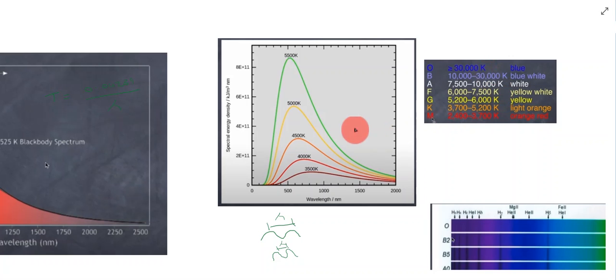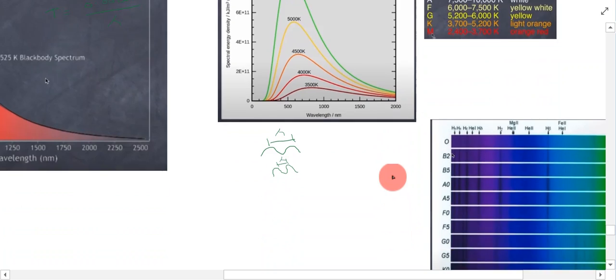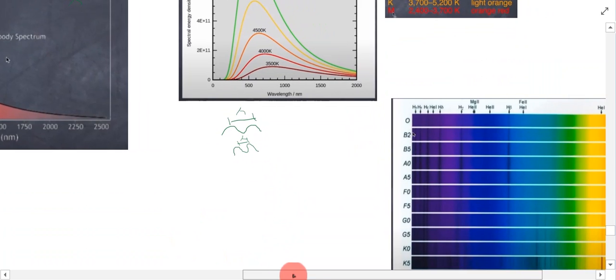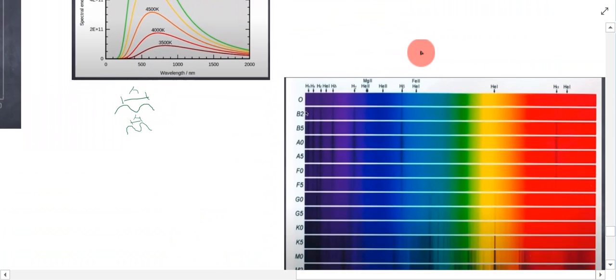And this is really useful, because not only can we look at the maximum wavelength of light that's given off and link that with temperature, but we can also take, for example, a blue star like this, or any of these other stars, and look at their individual spectra in a little more detail in order to figure out the chemical composition of these individual stars.